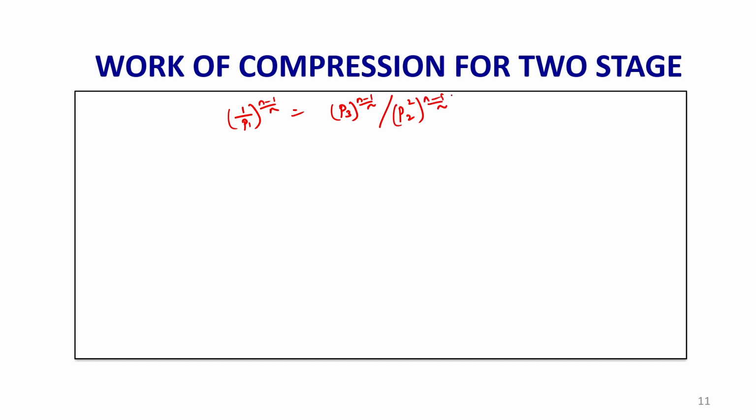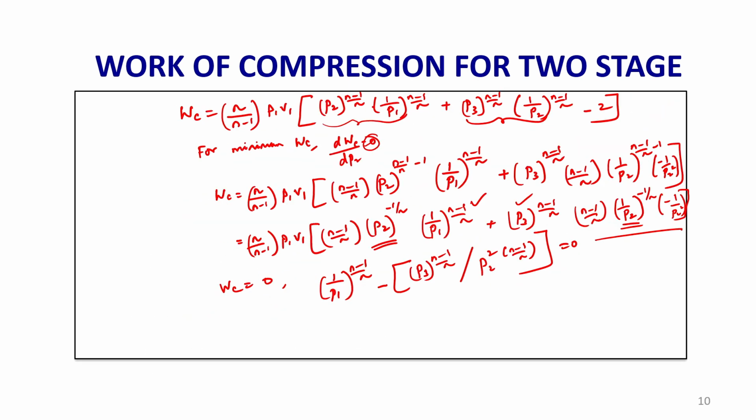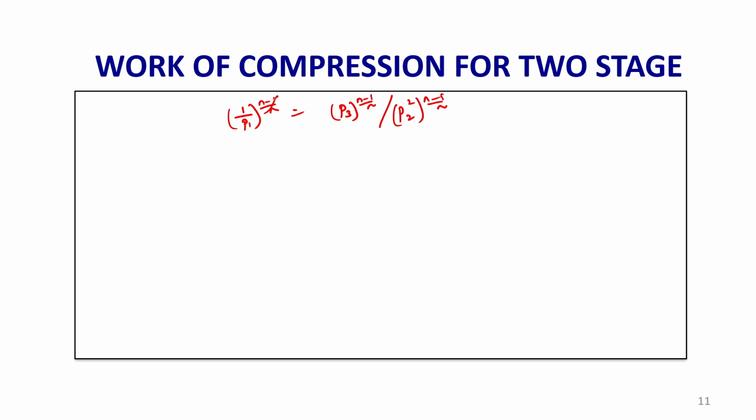If you compare the left hand side and the right hand side, the power term is the same on both, so we can easily cancel that. So, you will get 1 by P1 equal to P3 by P2 square. Therefore, 1 by P1 is equal to P3 by P2 square, or P2 square is equal to the product of P1 into P3.